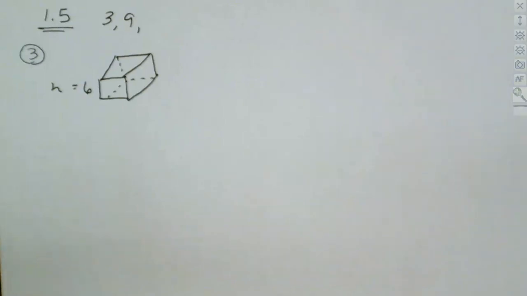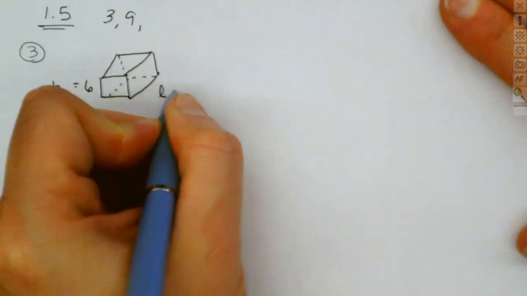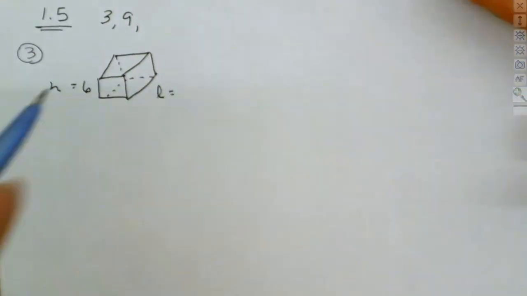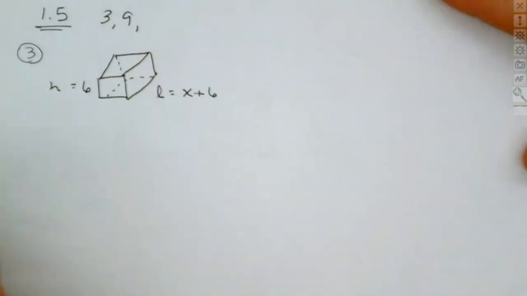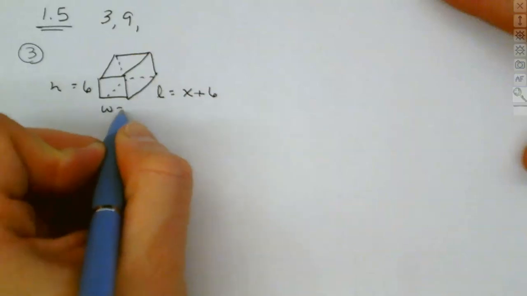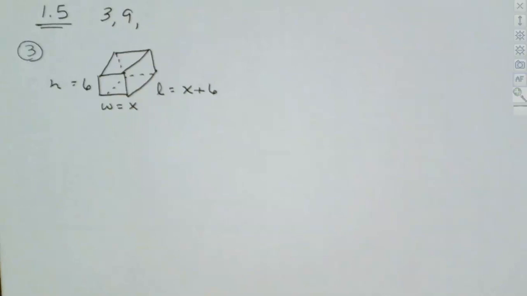It says the length is 6 inches more than the width. So my length, we'll call that L, is 6 inches more than the width. So that's going to be x plus 6. And do we know the width of this box? Nope. So that's going to be x.